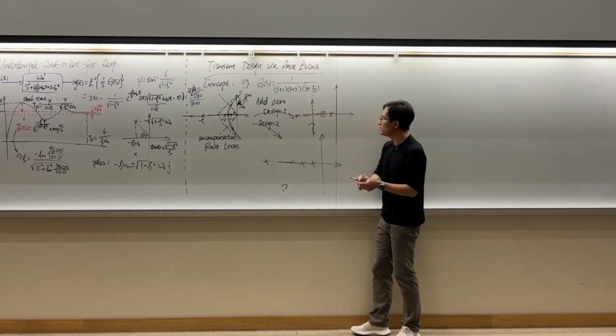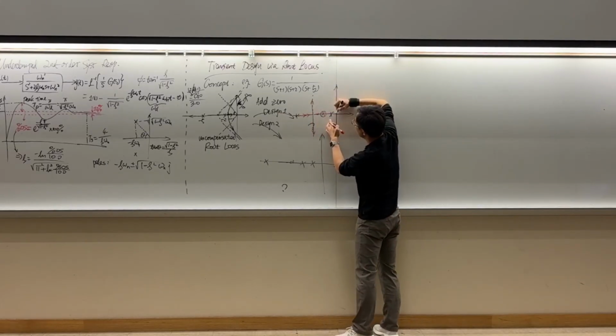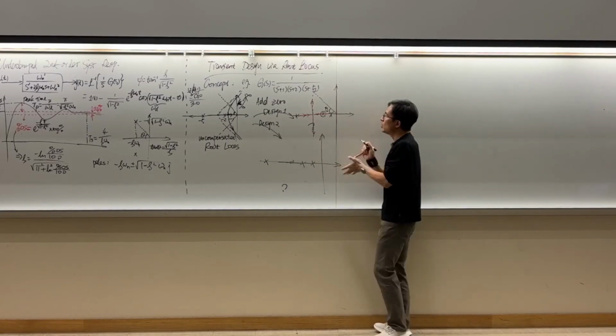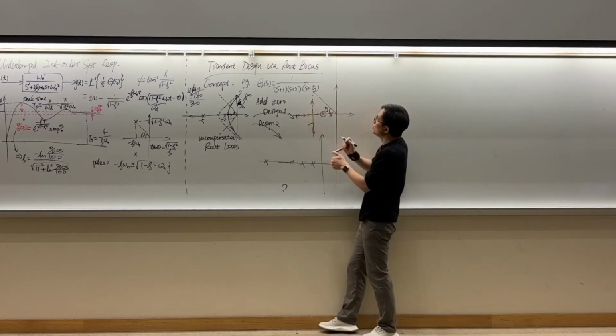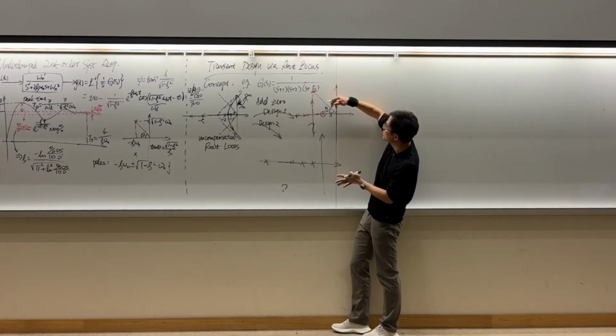And if you think about it now, you can still have a design such that you have a desired damping ratio, zeta. So you can still have this target damping angle theta. But what happened is that your location of the closed loop pole, let me draw it here using a different color. This is the location of the closed loop pole if you use this particular design of damping ratio.